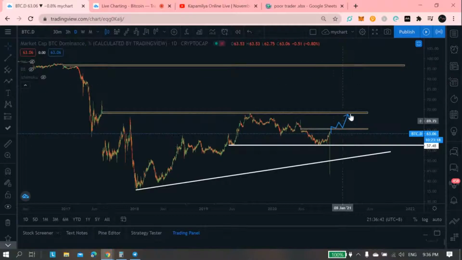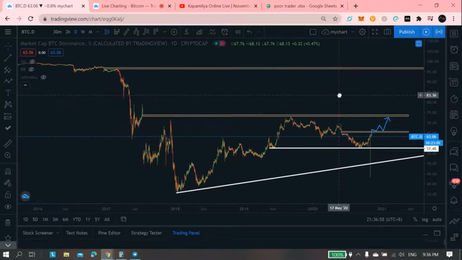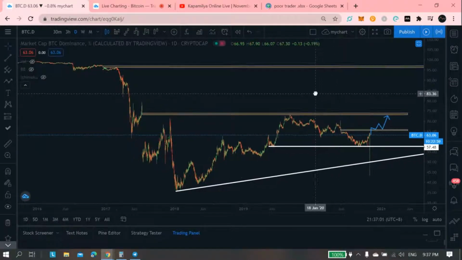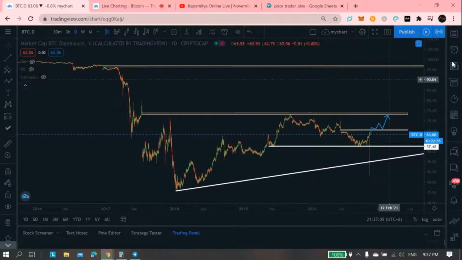So for now, I think I'll just concentrate on the 66 area and the 74 area to get filled. And then after that, let's see how the adoption of Bitcoin goes, especially for the institutionals. So anyway, if you have some questions, just feel free to ask.